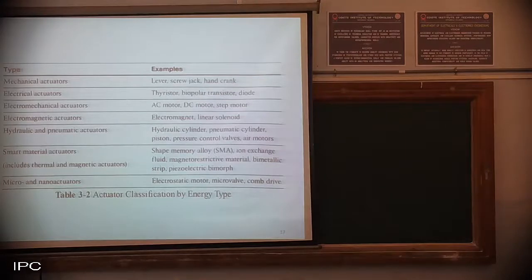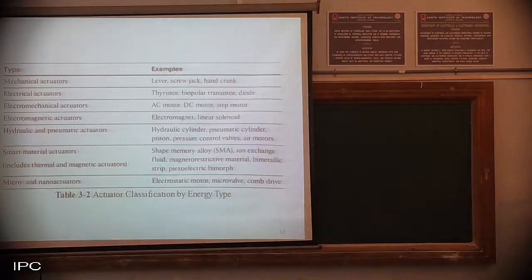Okay, and then the next is the smart material actuators. Smart material actuators are basically shape memory alloy, SMA, ion exchange fluid, magnetostrictive materials, bimetallic strip, then piezoelectric, bimorph.